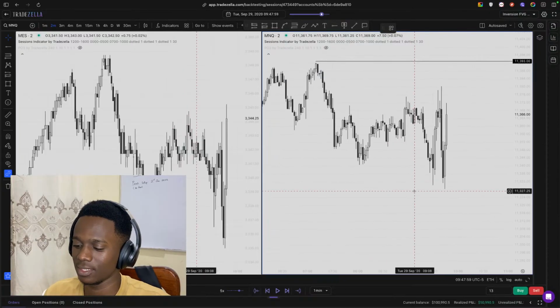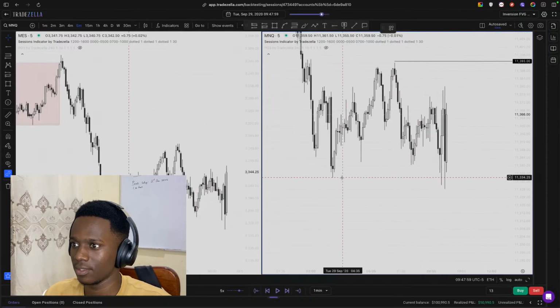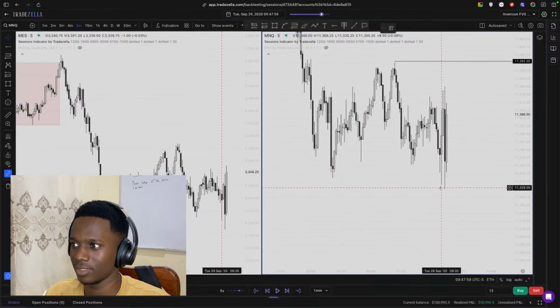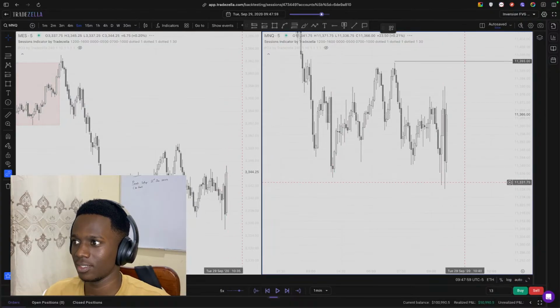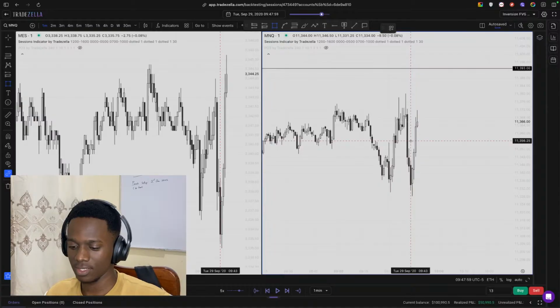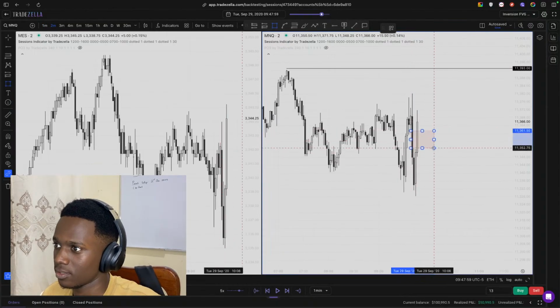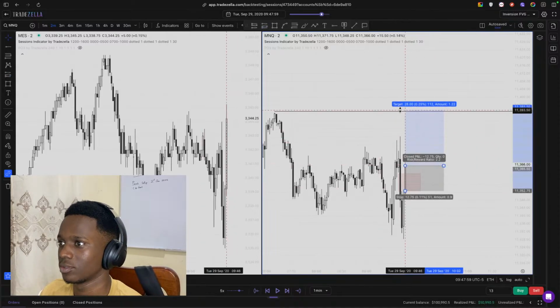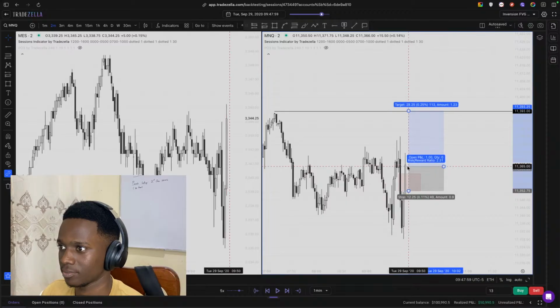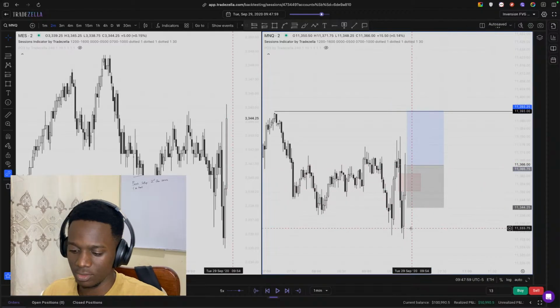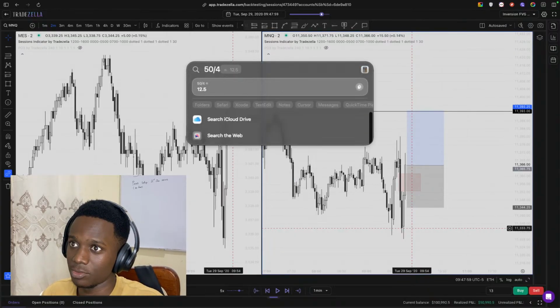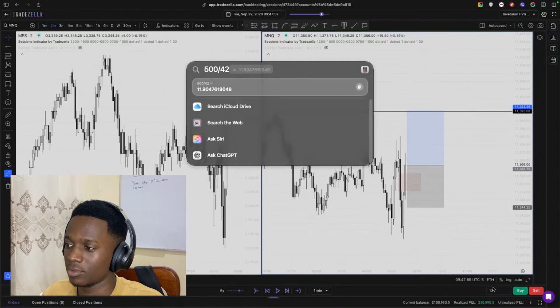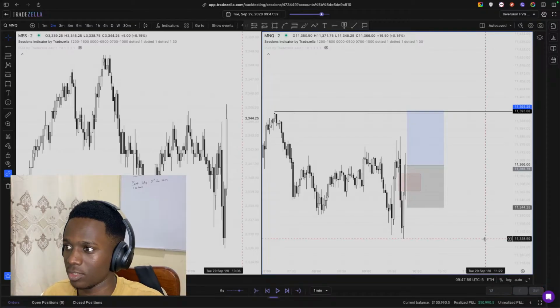So we get another run. So after this run here, we get another run here. Then price inverses again. Now I think we can take some more longs towards this high here. And stop will be probably at this low here. That will be 500 over 42, or 12 micros long.